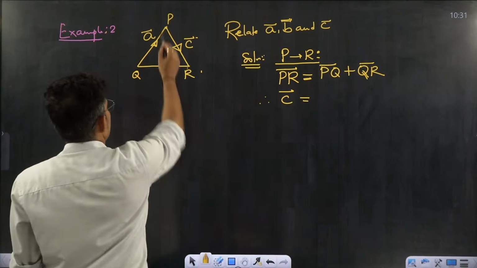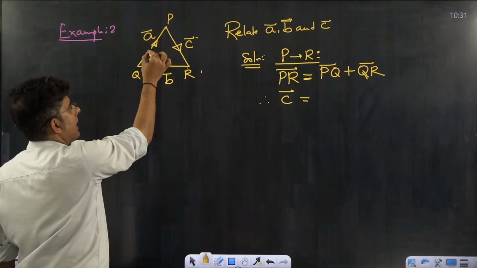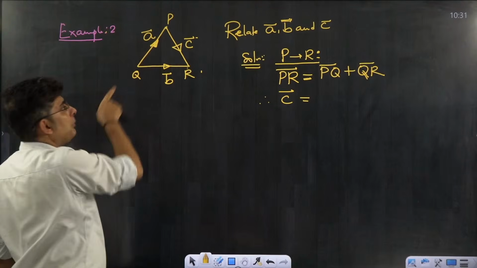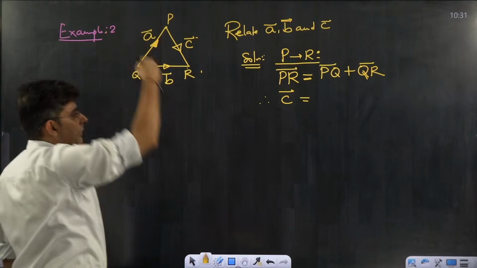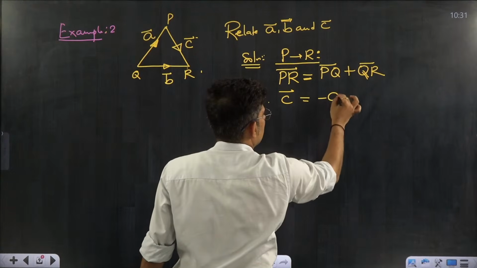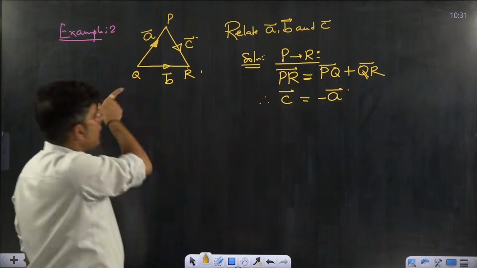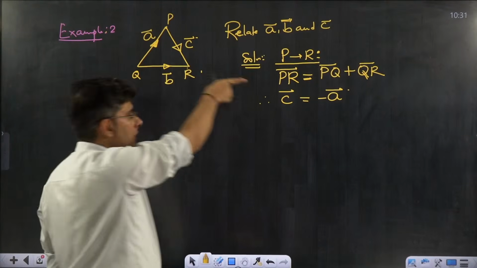What is PQ? Now you can see the arrow which I have marked over here. I have taken QP as A. See here, QP as A. So PQ will be minus A, reversed. Now QR you are seeing is in the same direction, no need of reversing. What is it?